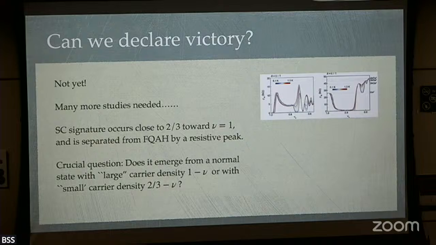And it's a crucial question whether the normal state out of which the superconductor arises, what its carrier density is. Is it large, meaning it's a deviation from filling 1, or is it small? Is it the deviation from filling 2/3, right? As of now, from the data, we don't know the answer to this question.